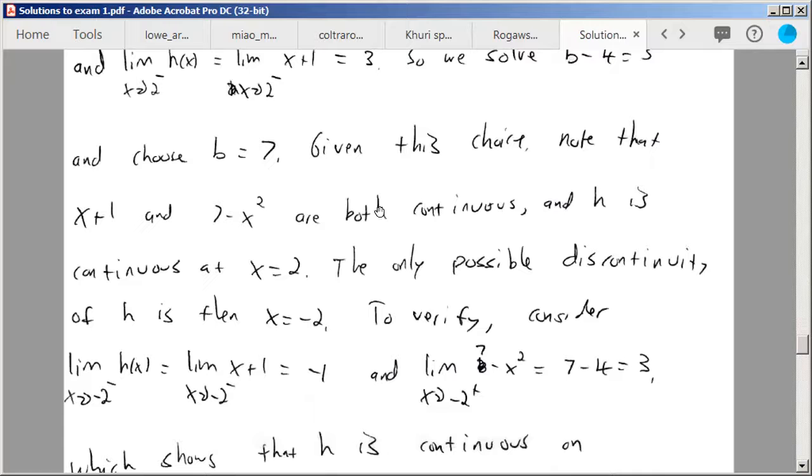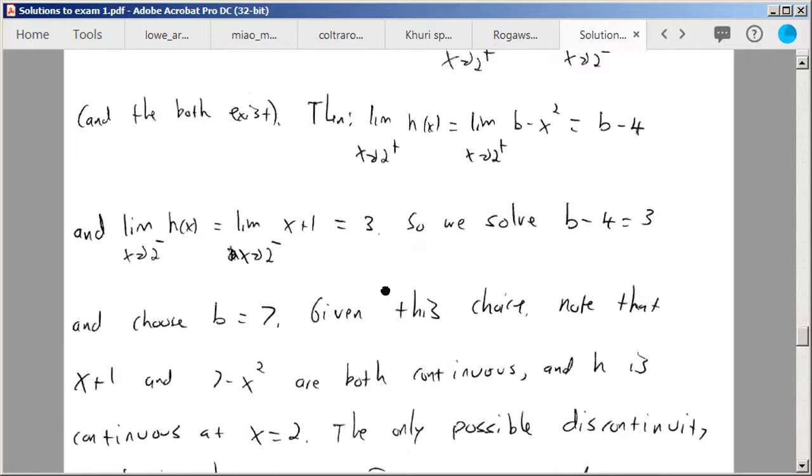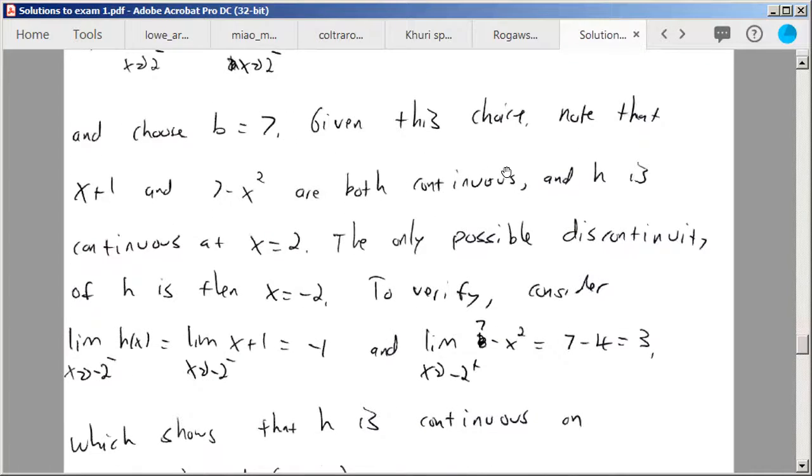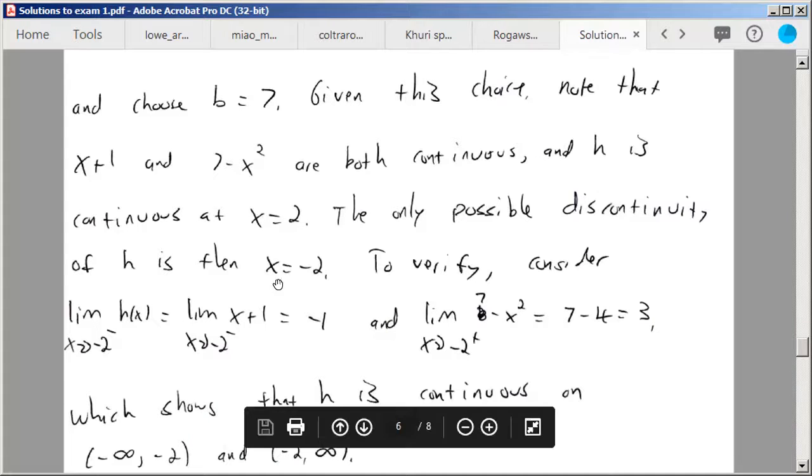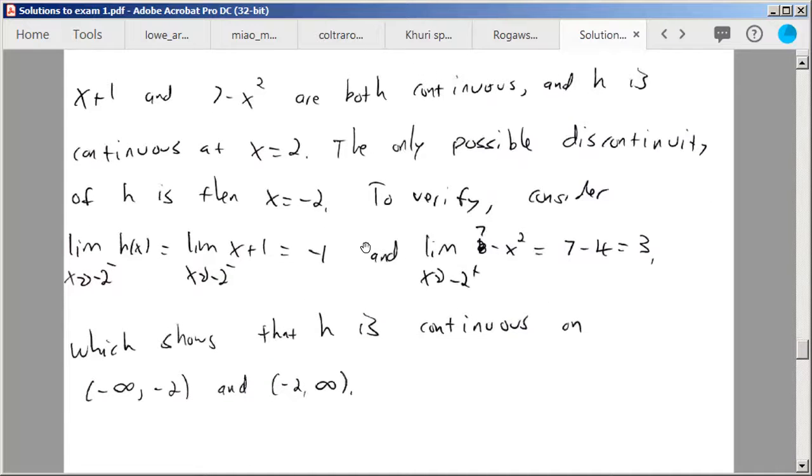And notice this solution by its nature requires more explanation, and you're seeing me give that clear explanation. Given this choice, note that x plus 1 and 7 minus x squared are both continuous, and h is continuous at x equals 2. So the only possible discontinuity remaining occurs when x equals negative 2, and let's check that out.